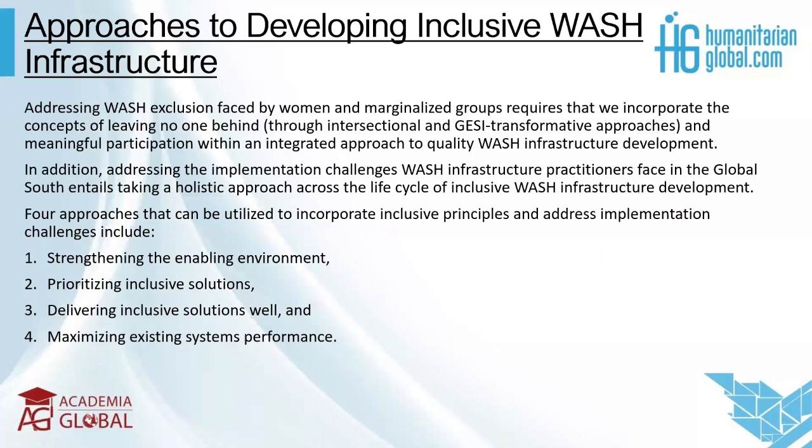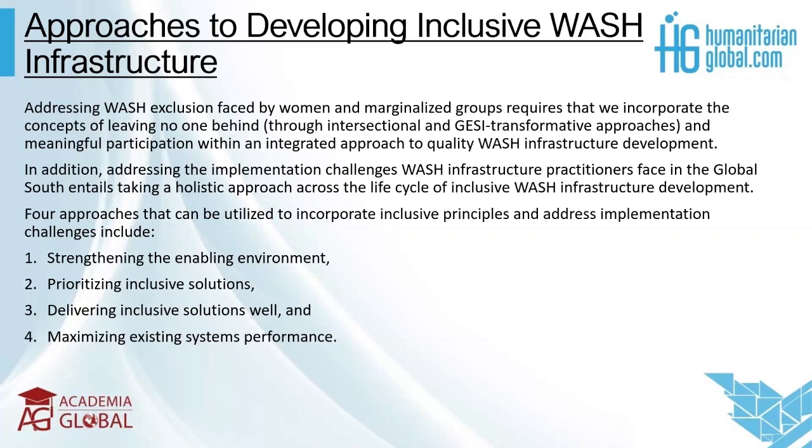Again, this plays into the policies and the goodwill of the government, where there already exists an intent by the government to ensure that the people have access to WASH infrastructure. Then that is a good starting point to ensure that inclusive WASH infrastructure is developed. This also brings in suppliers of various components, research and academia institutions to ensure that data is available, research is undertaken to move forward with making informed decisions.